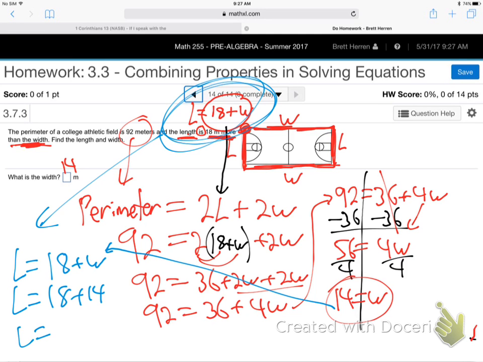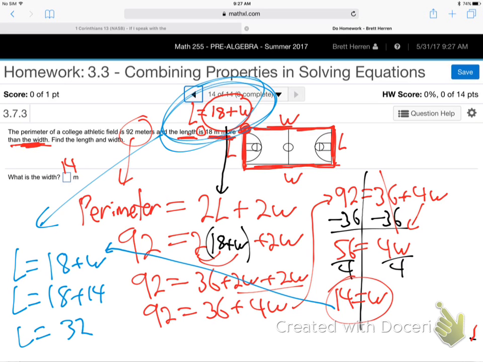What is that? 32. The length must be 32. See how the equations work together? That's like a real word problem there. Pretty complex word problem. Is that making sense?